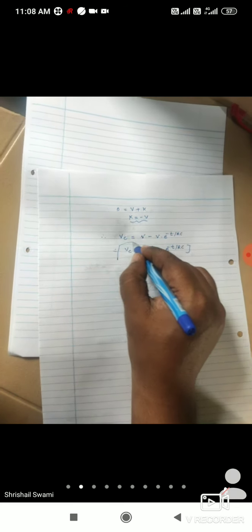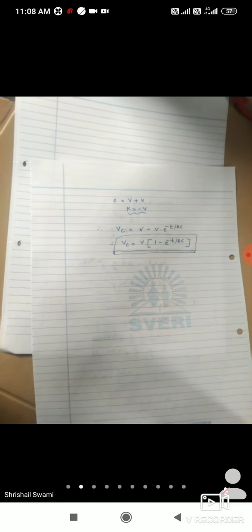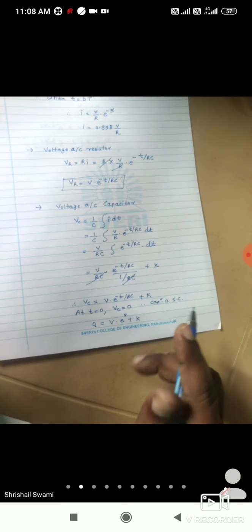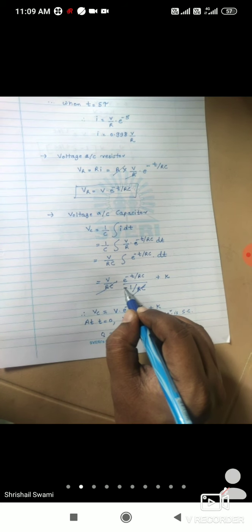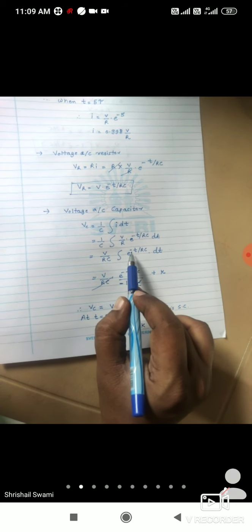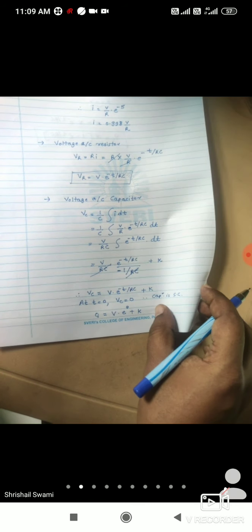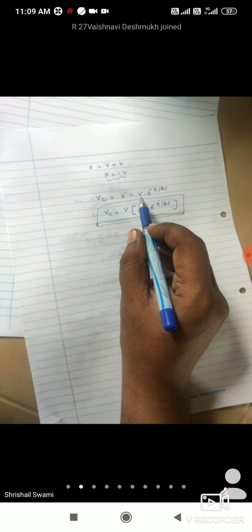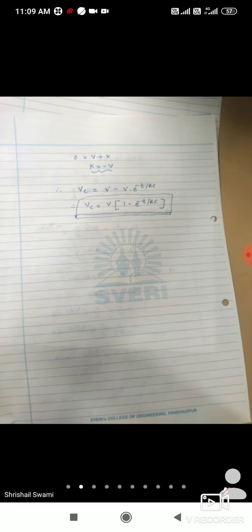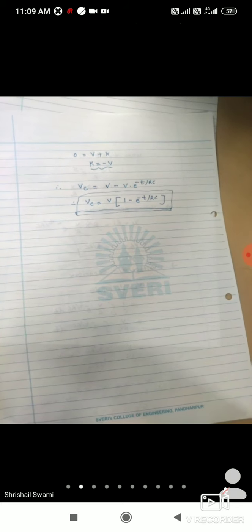This is the expression of voltage across the capacitor. Here it will become minus because there is a minus sign here. So these are the two formulas along with current I. Any doubt in this derivation?